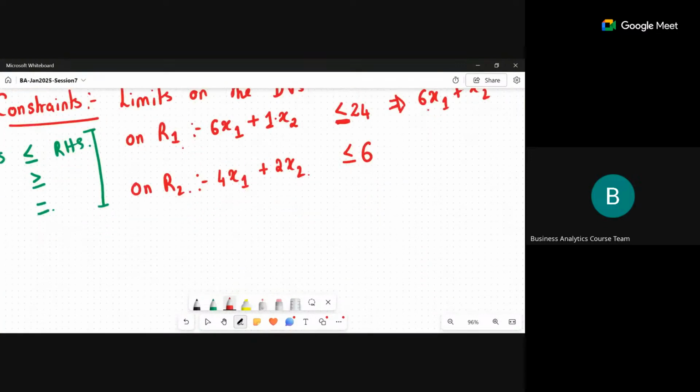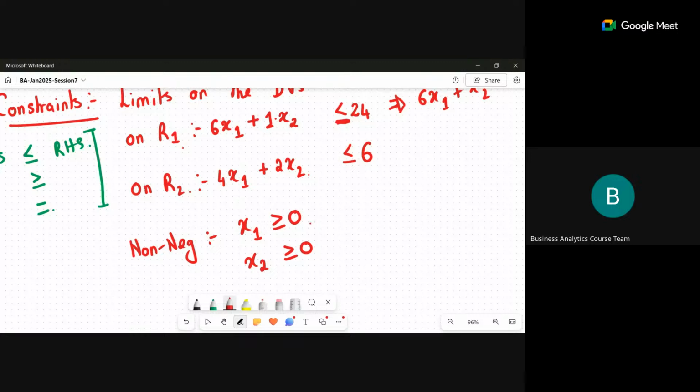So after your constraints, which are logical from your problem, you have a final one which is known as the non-negativity constraint, where you say x1 is a number which is greater than or equal to 0 and x2 is a number which is greater than or equal to 0. The non-negativity constraint specifies that your decision variables must be non-negative.